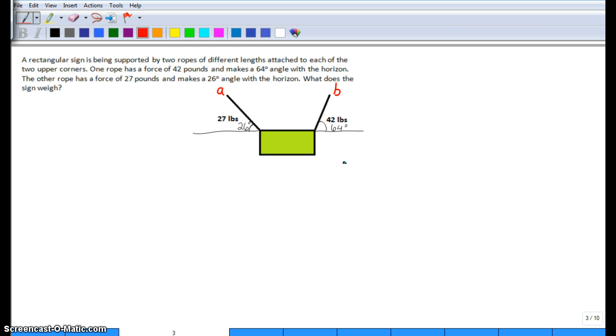It's like taking a problem where it says, given the magnitude and direction angle, find the component form of our vector. So let's do that.